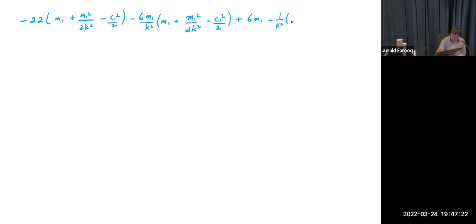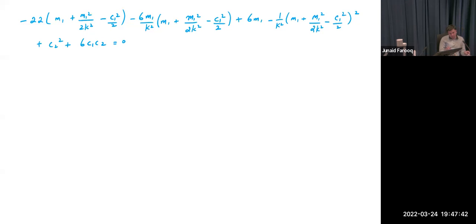If you substitute this in minus 22 m2, it will be m1 plus m1 squared over 2k squared minus c1 squared over 2, minus 6 over k squared m1 times m1 plus m1 squared over 2k squared minus c1 squared over 2, plus 6m1, minus 1 over k squared times m1 plus m1 squared over 2k squared minus c1 squared over 2 whole squared, plus c2 squared plus 6c1 c2 equals 0.